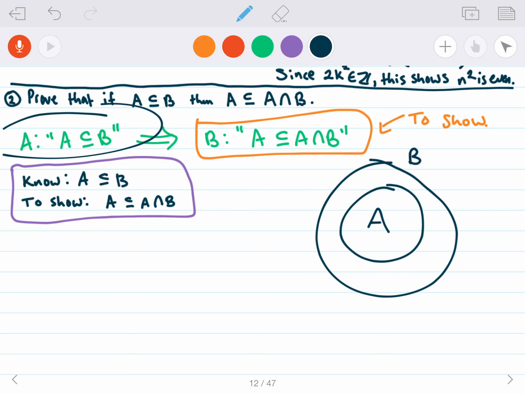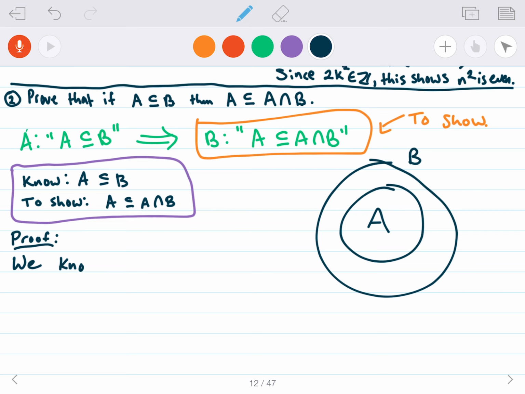We know that A is contained in B. Here it is in the picture. Beautiful. A is contained in B. We want to show that A is contained in the intersection of A and B, all right? So what do we know, all right? So we know, maybe I should say proof. And I'm just going to write everything out.